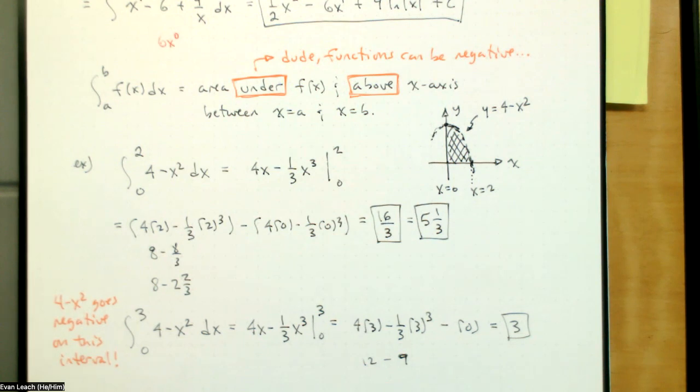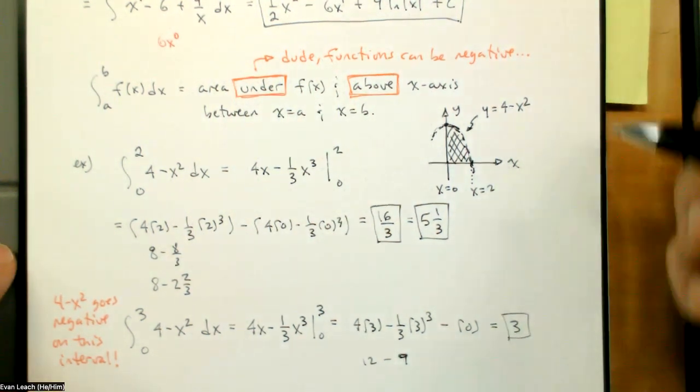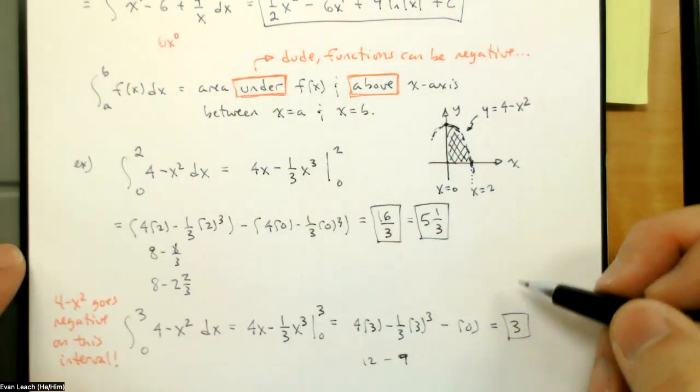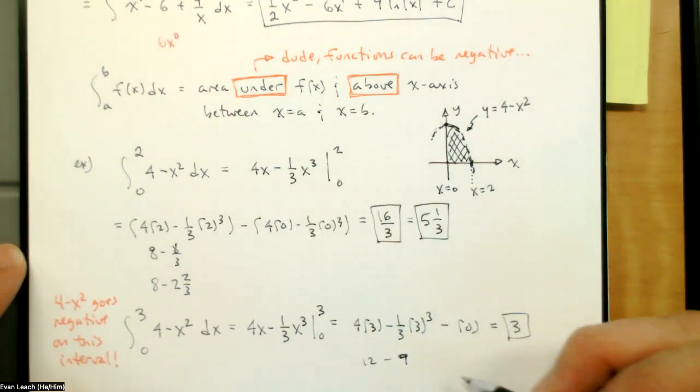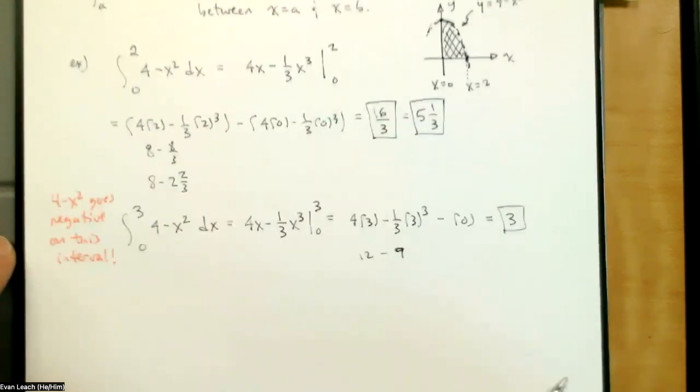Even though we've got a longer interval from 0 to 3 instead of 0 to 2, our definite integral became less. How would you guess we would interpret this smaller amount in terms of area?